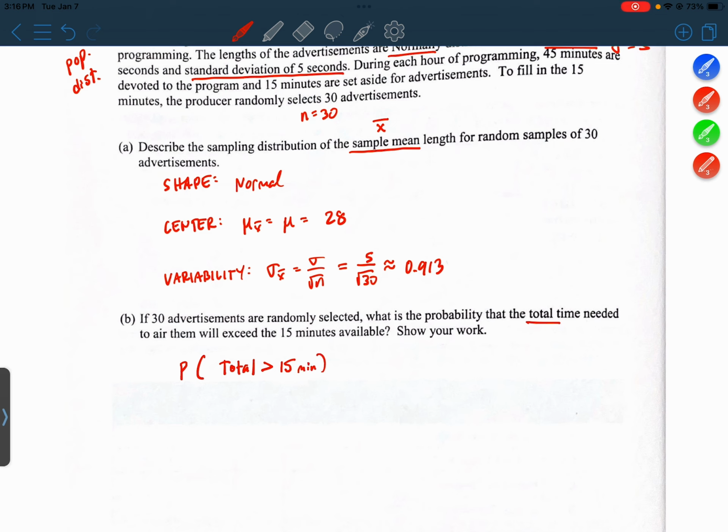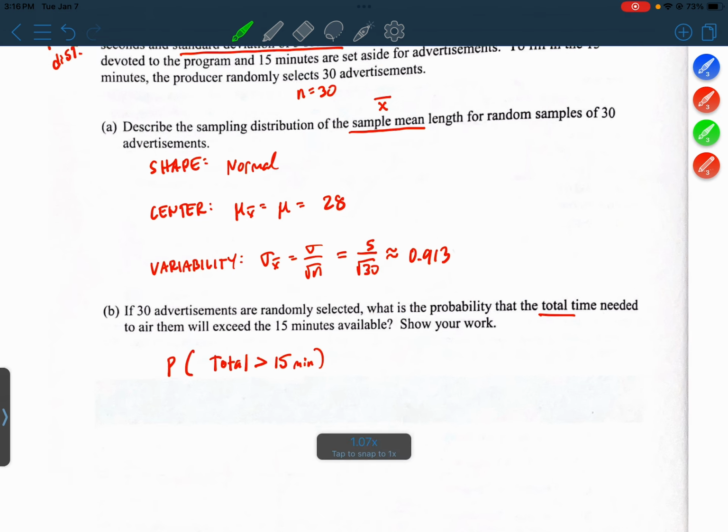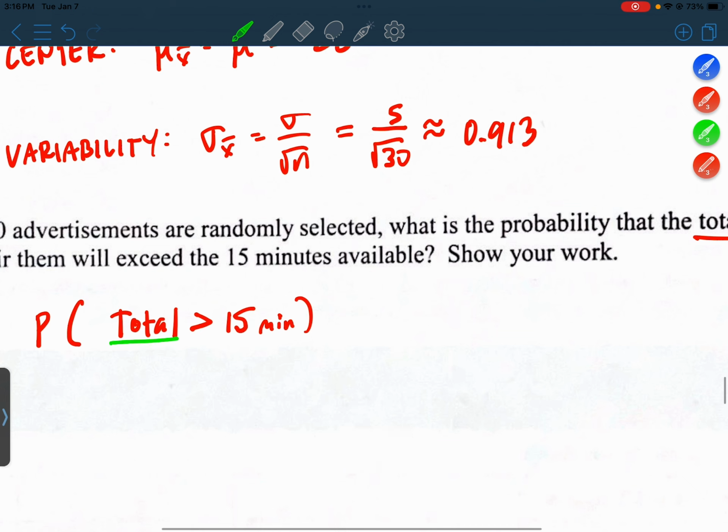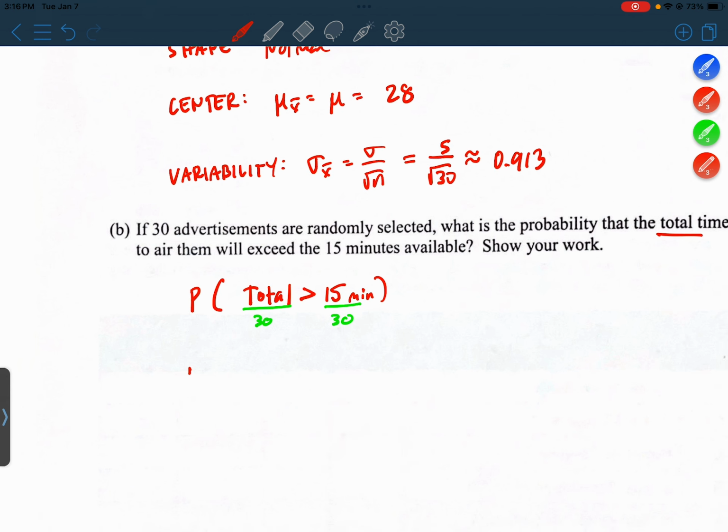Okay, now this is the total for 30 ads. Okay, so what if we were to divide both sides of this inequality by 30? Okay, so if we take the total and divide it by 30, then we're just looking at the average. Right, so now we're looking at finding the probability that the average is greater than 0.5 minutes, half a minute.